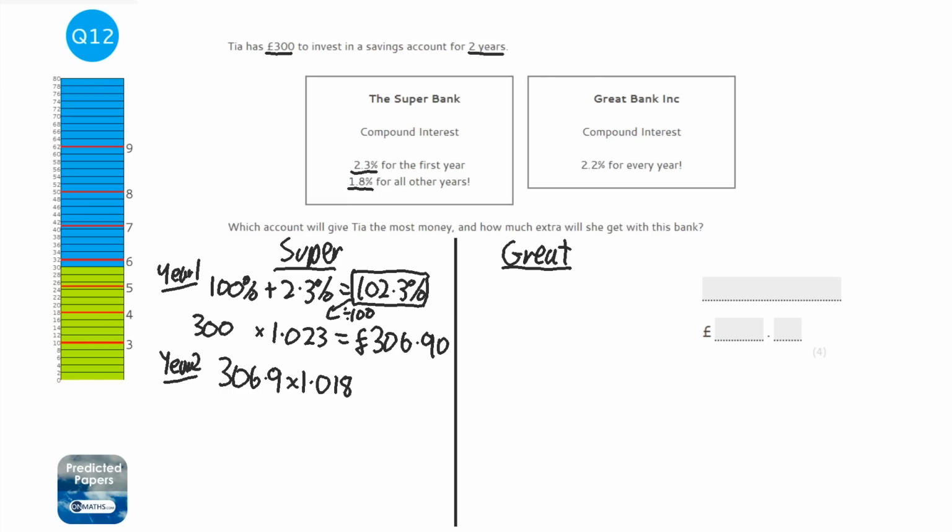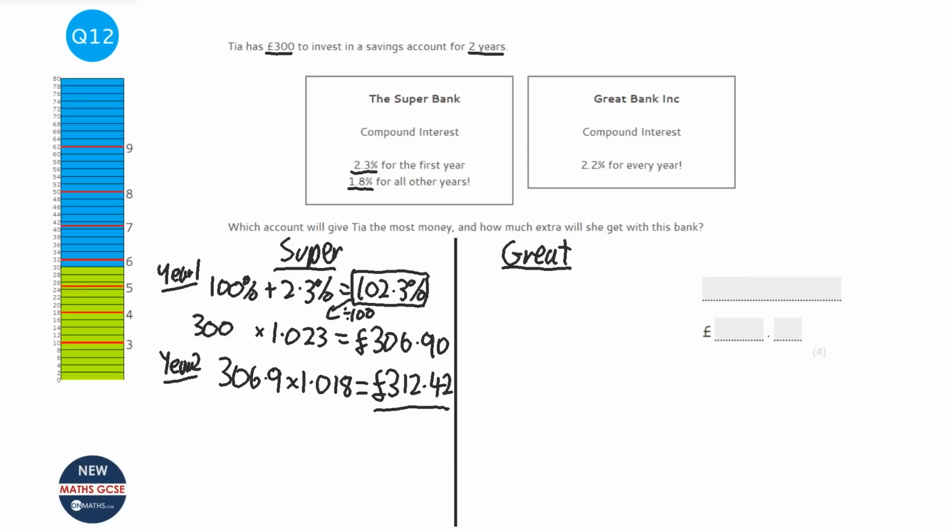So it's going to be 1.018, but you could do 100 plus 1.8 is 101.8, and then divide that by 100. So what's that going to be? 306.90 times 1.018, and that says it's £312.42, and I'm going to round it to the nearest penny. Okay, so that is Superbank. That's how much we'd get.